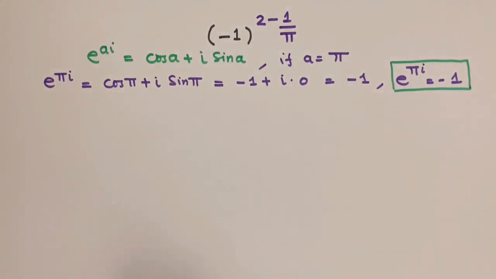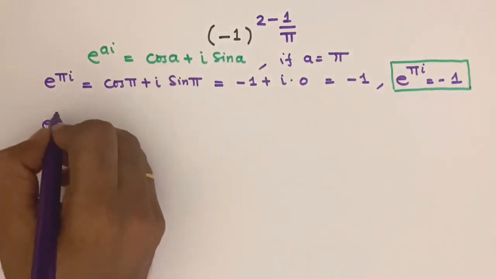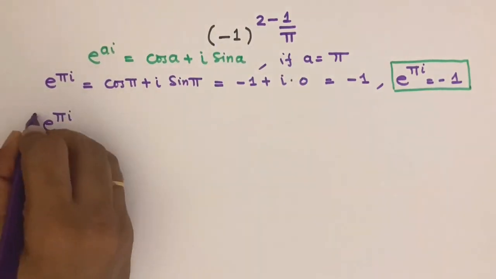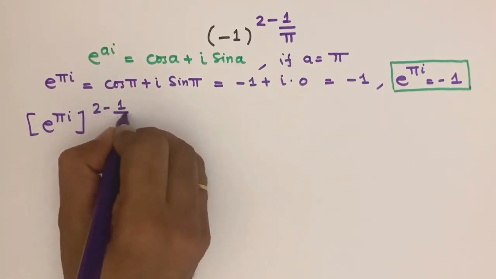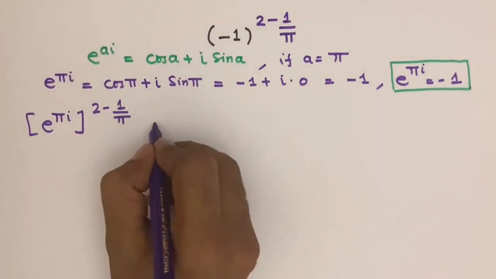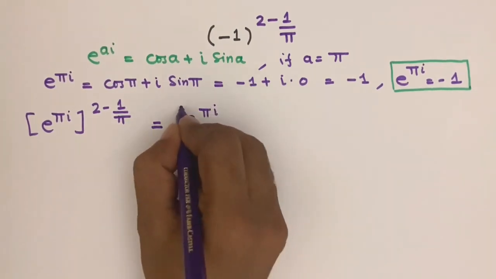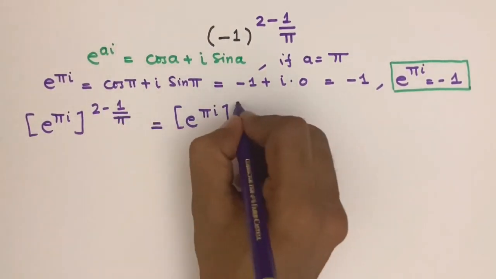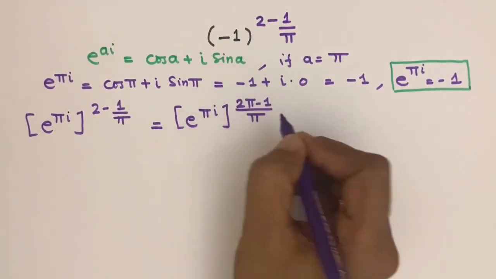So this equation simplifies to (e to the power pi i) to the power 2 minus 1 divided by pi. This can be simplified to (e to the power pi i) to the power (2 pi minus 1) divided by pi.